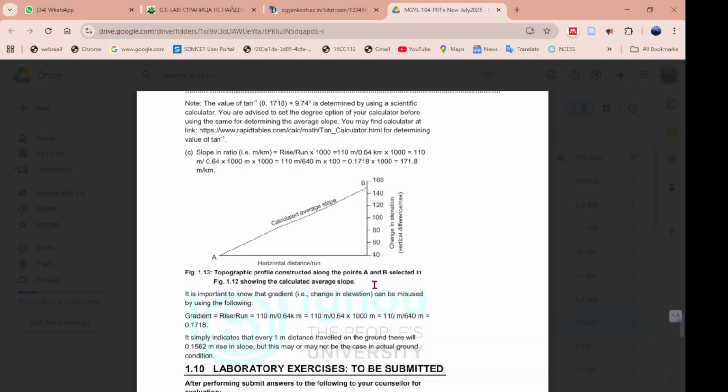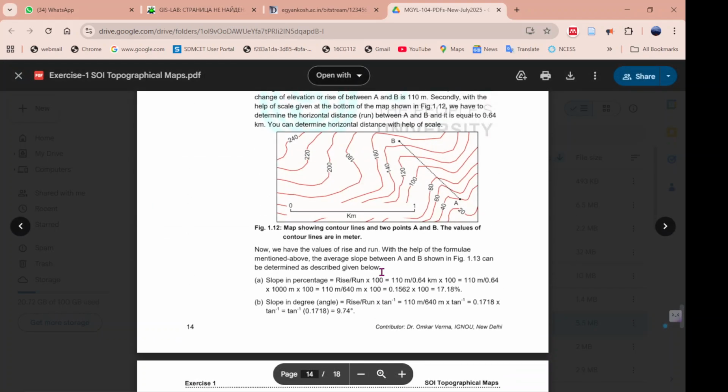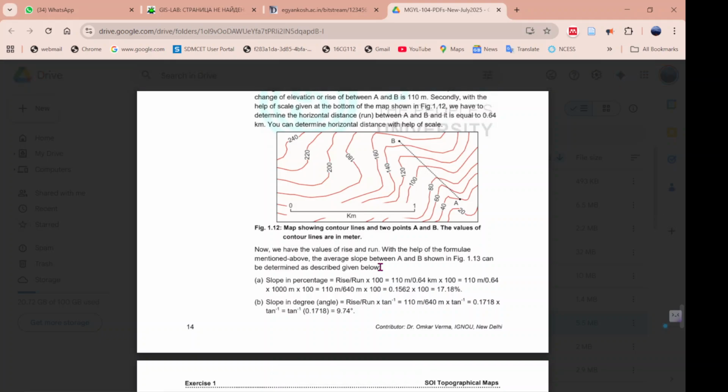If we know this, then what we can do is, rise means the vertical distance, run means the horizontal distance, multiplied by 100. This is in terms of percentage.